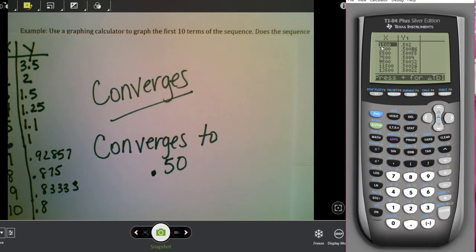It's not giving us increments of 1, it's giving us increments of 1500. So we can do 2000, we can do 1 million, or 20,000. So I'm going to press the plus sign and put in 20,000, and still look at the y. What is this converging to? It's converging to 0.50.